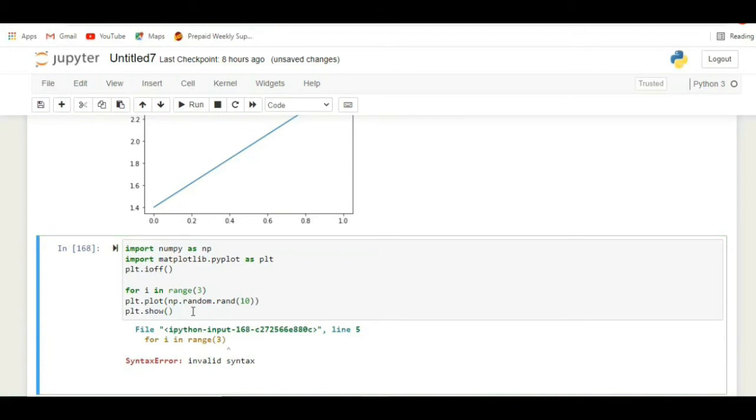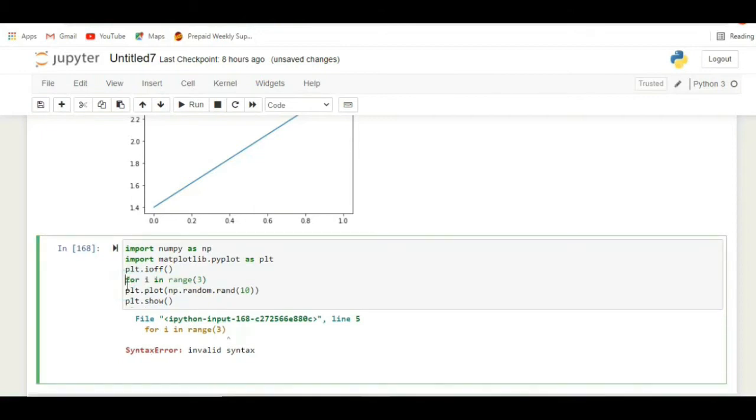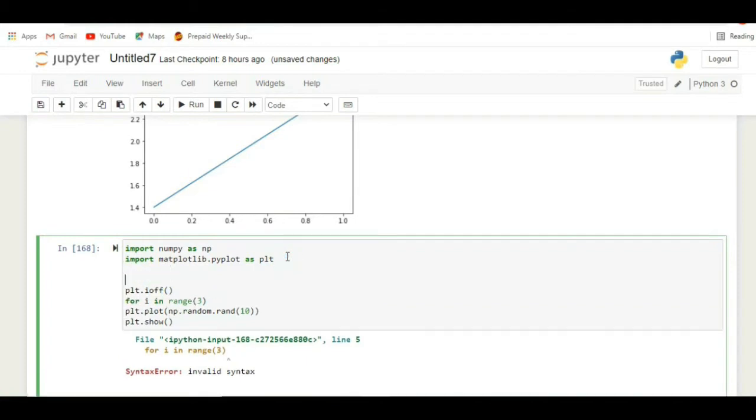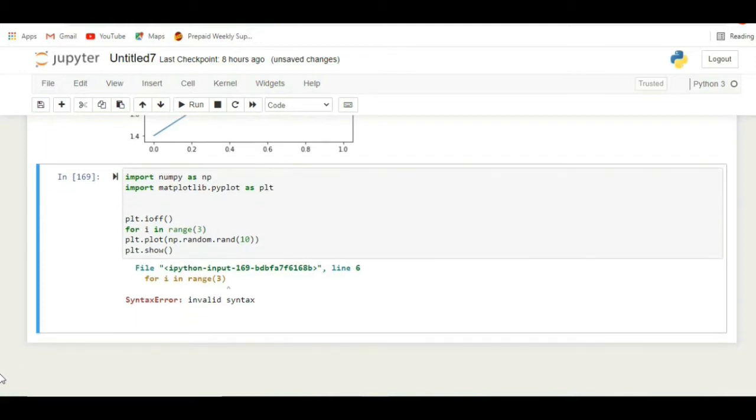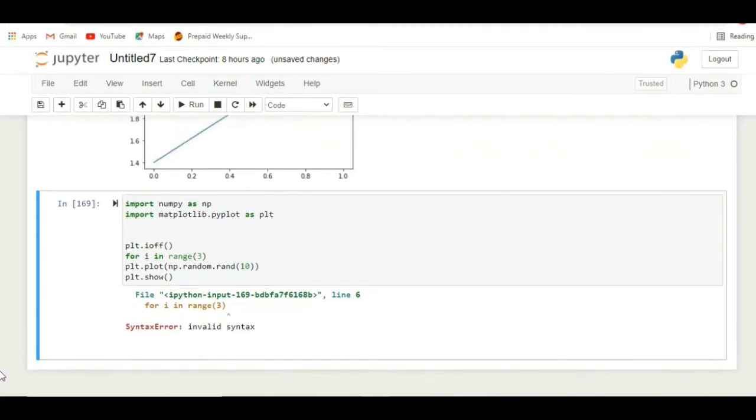Yes, again the problem is the same. Making a space does not mean that your code has changed. What we are trying here is to make the code correct, and when the code is correct, it will work.